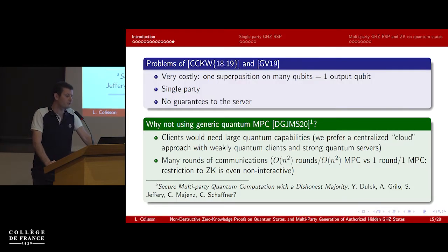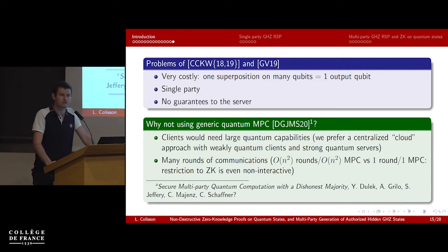Okay, so before, I mentioned a few protocols to do remote state preparation. And we could say, okay, maybe we can just directly use these protocols, but there are different problems. The first one is that in the protocol, you need to do a very expensive operation, which is a superposition. And at the end of the protocol, from one big superposition, you can just output a single qubit.